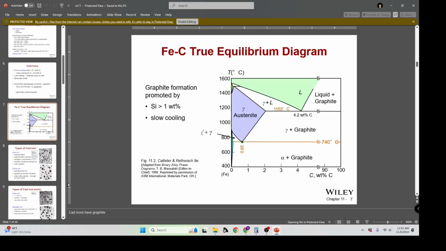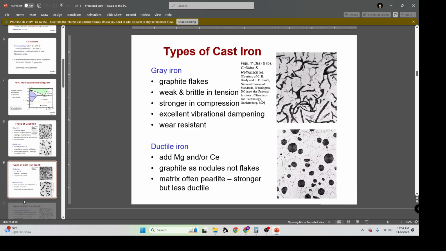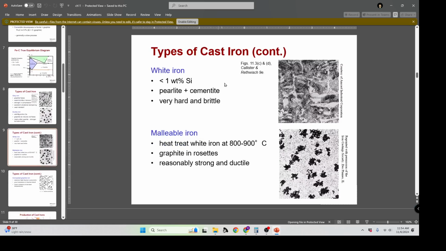So the types of cast iron: gray iron has flakes of graphite, ductile iron has nodules. They sometimes have magnesium or beryllium, so it's a pearlite-like matrix that's stronger but less ductile. White iron is a little bit less common, pearlite and cementite, very hard and very brittle, so it's not as practically usable as some other things.